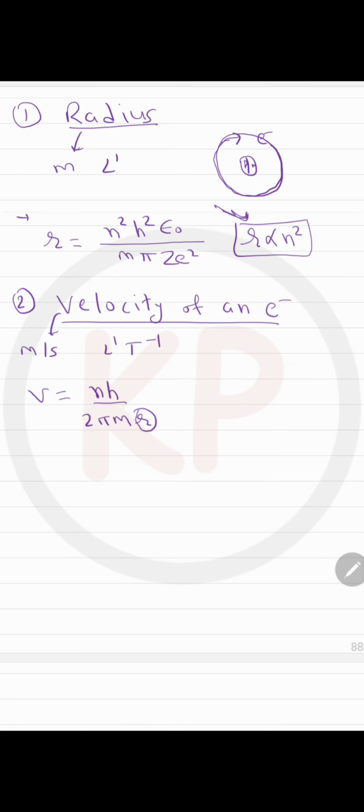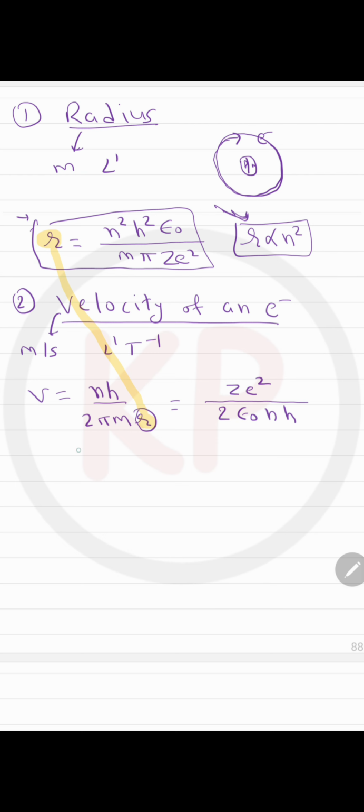If we put the value of r from this equation here, we get the value of v equal to z² / (2 ε0 n h). Okay, z² / (2 ε0 n h) will be the formula for velocity of electron in nth orbit.